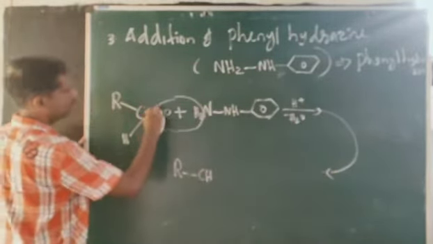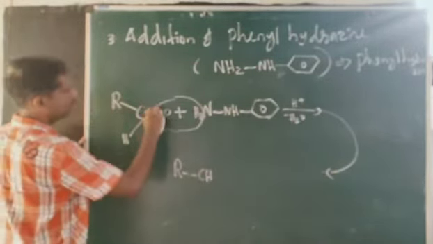Now, what do you mean by 2,4-dinitro? This is position 1, 2, 3, 4. You can see that in the second position and fourth position there is a nitro group, NO2. So 2,4-dinitro phenyl hydrazine. What is the product name? 2,4-dinitrophenylhydrazone.